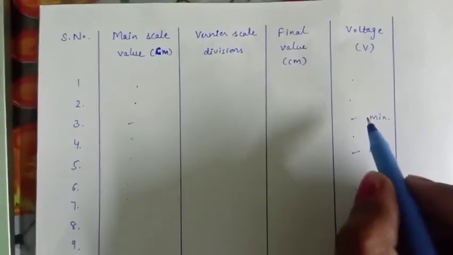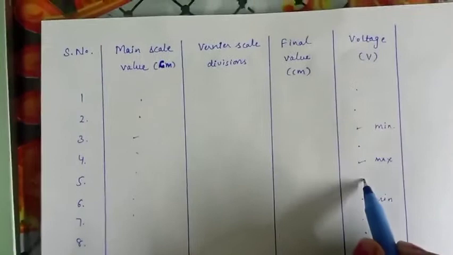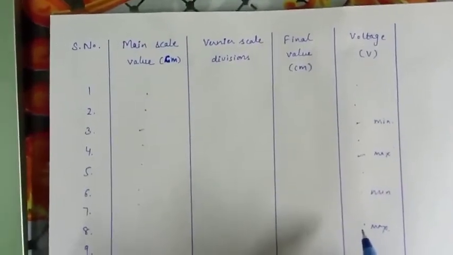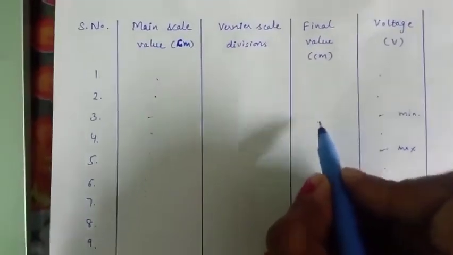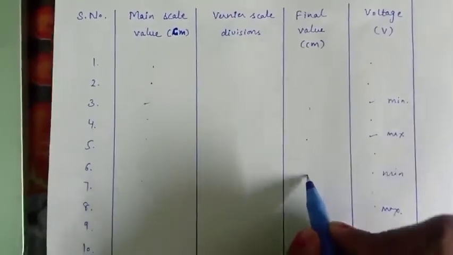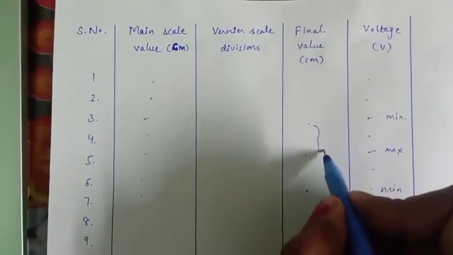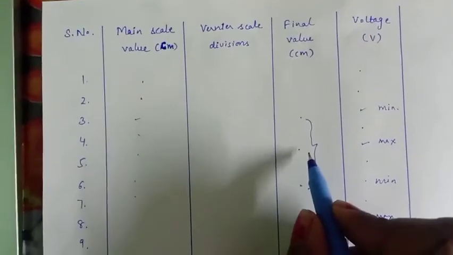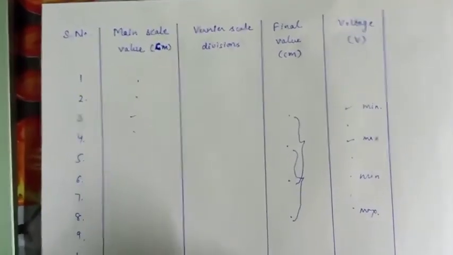Suppose this is our first minima, this is our first maxima, this is the second minima, and this is the second maxima, and corresponding to these voltages we will observe some screen positions as well. Now we will observe the difference between two successive minima and similarly two successive maxima.